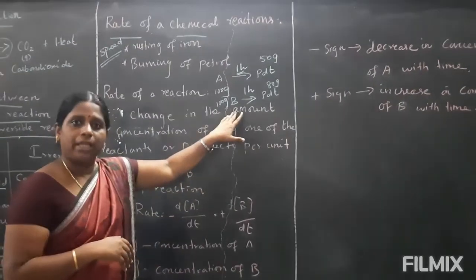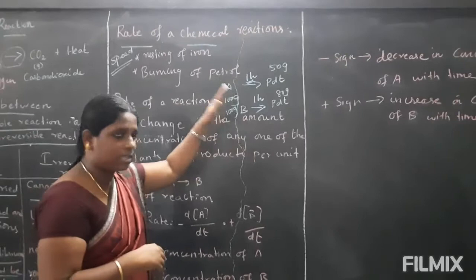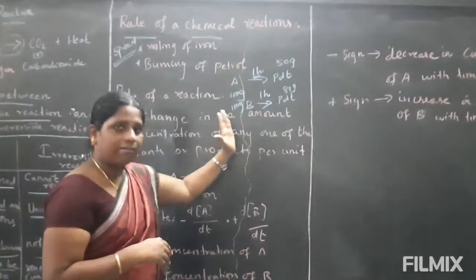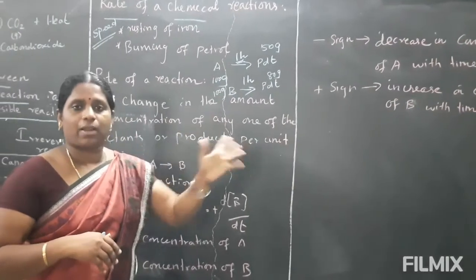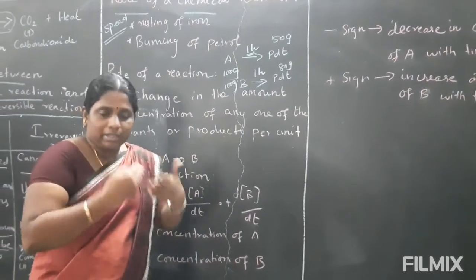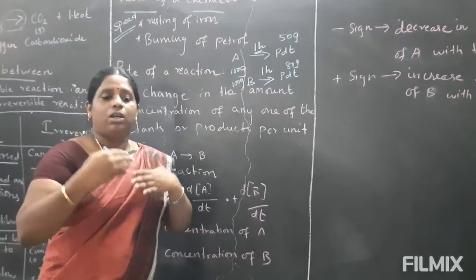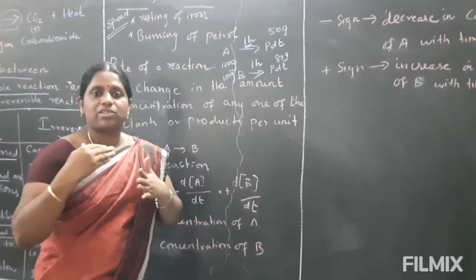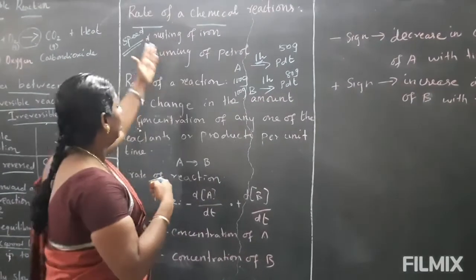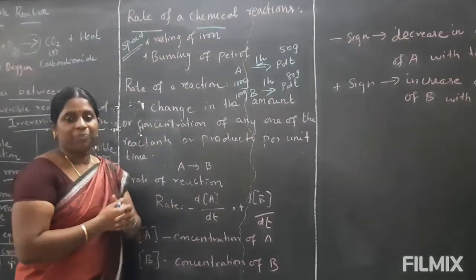Definitely B, because in the same 1 hour, from 100 gram, 80 grams is converted into product and only 20 gram is left. In this way we have to observe which reaction is faster. That is the rate of a chemical reaction.